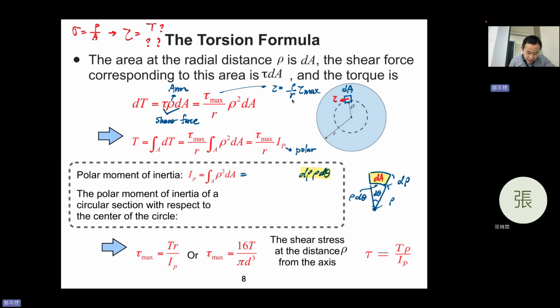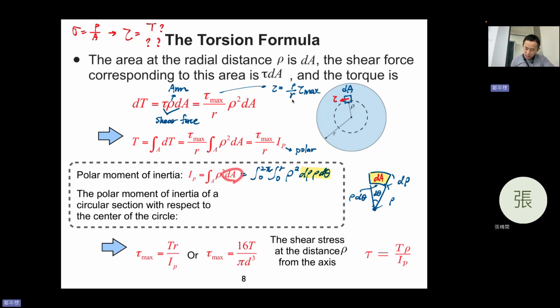Your dA needs to be used in the area integration. So 0 to pi, 0 to r, rho squared dA.